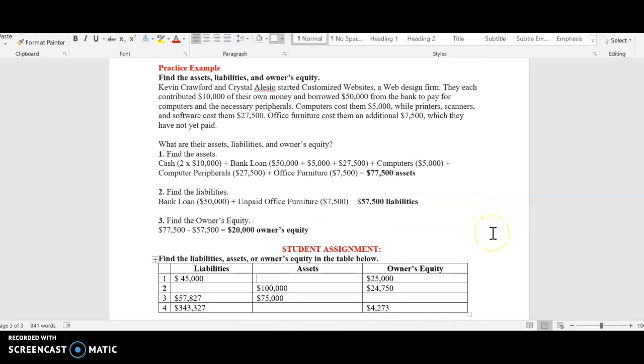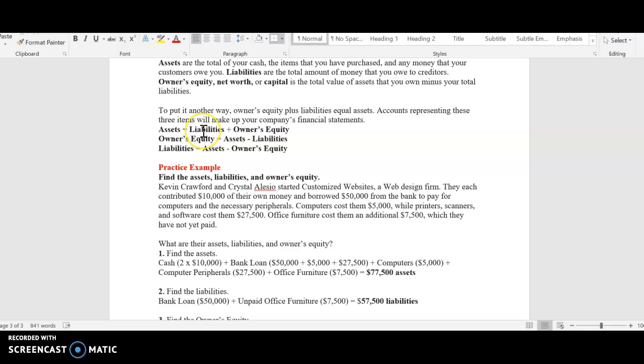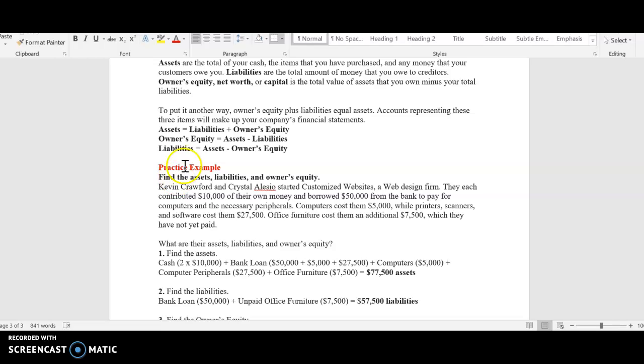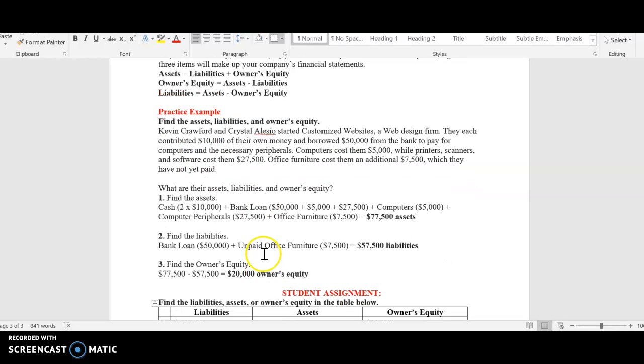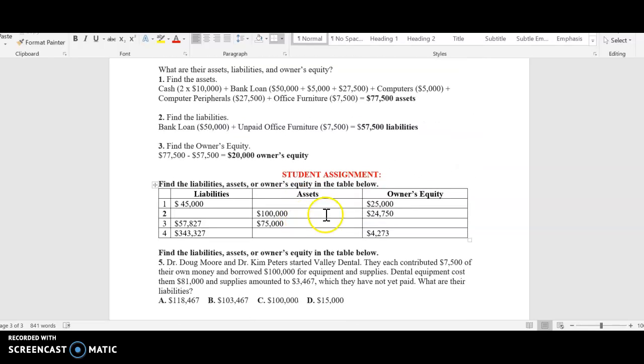Since I know what liabilities and owner's equity are, I'm going to look at the general accounting equation, and it's going to be liabilities plus owner's equity. The second one is stating, well, I don't know what liabilities is, but I have assets and owner's equity. So for that particular one, you're going to be doing assets minus owner's equity. And you're just doing that for the remainder of the box here.